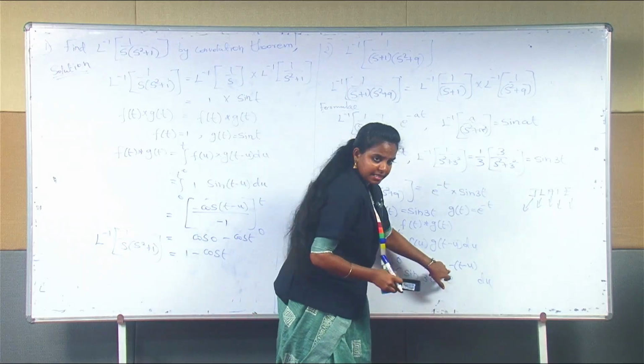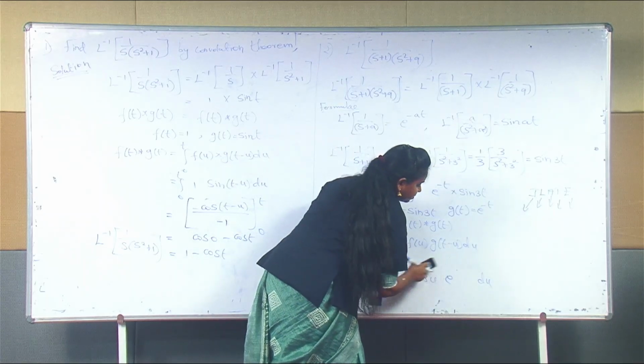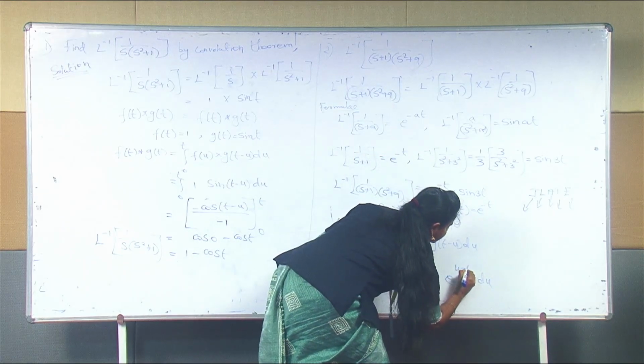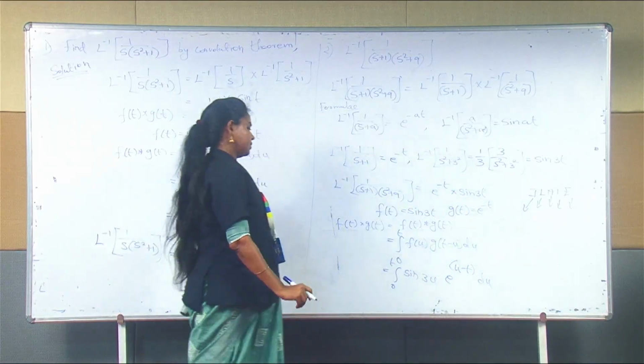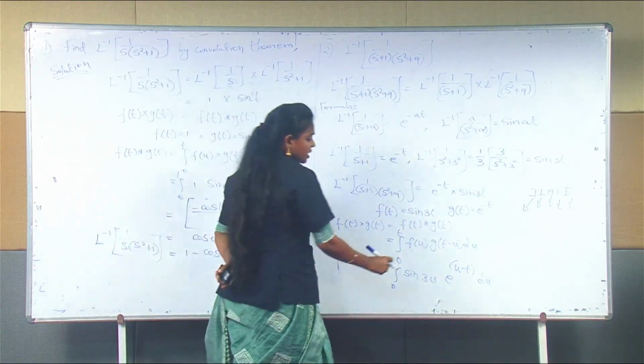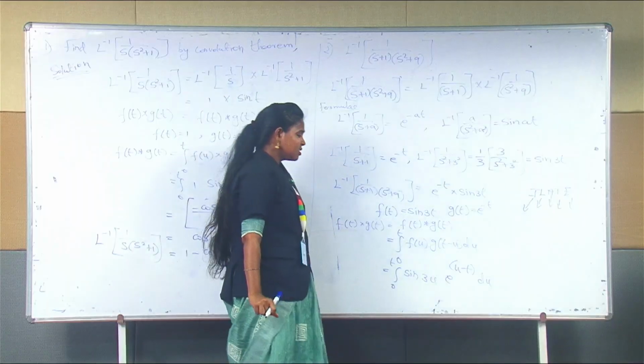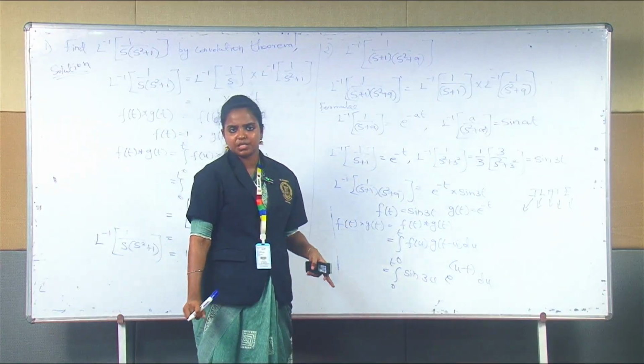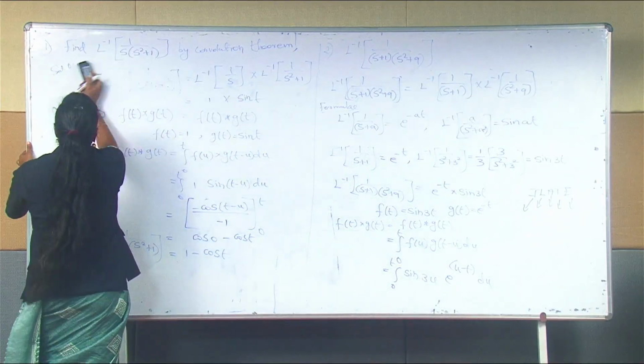We can write it as u minus t. Okay. So we have variable u here. All other variables are constant.